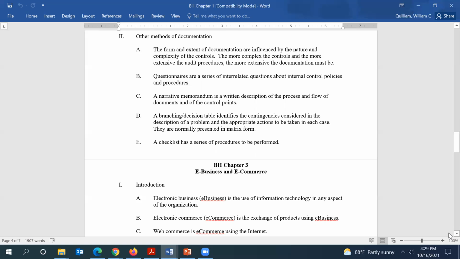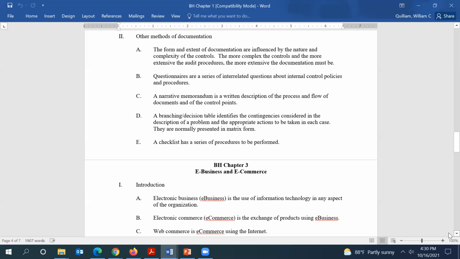Then D, a branching or decision table identifies contingencies considered in the description of a problem and the appropriate actions to be taken in each case. Normally presented in matrix form. Did you get into those in AIS? No, not really. Just know what they are. And another method of documentation is a checklist, actually in E, a series of procedures to be performed.